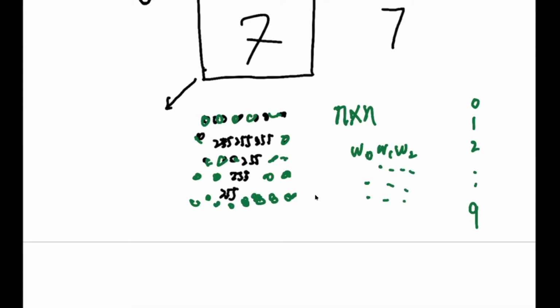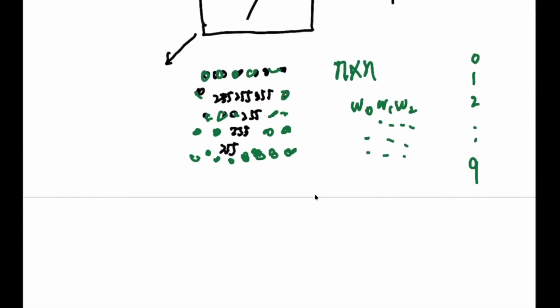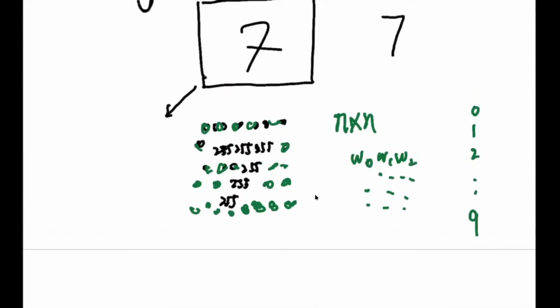I'll make it clear if we're not supposed to use Python coding, how we can come up with this kind of problem for our final project. And this is a very simple one.